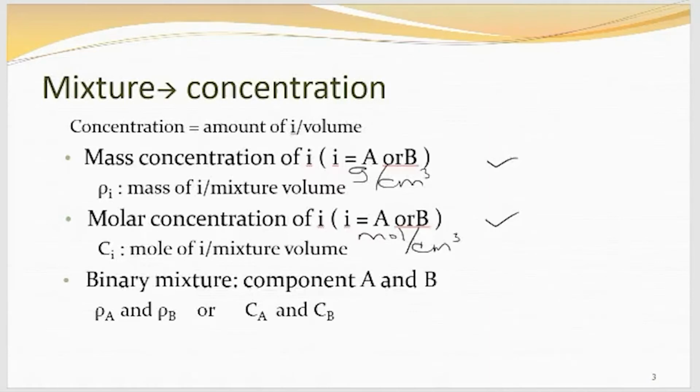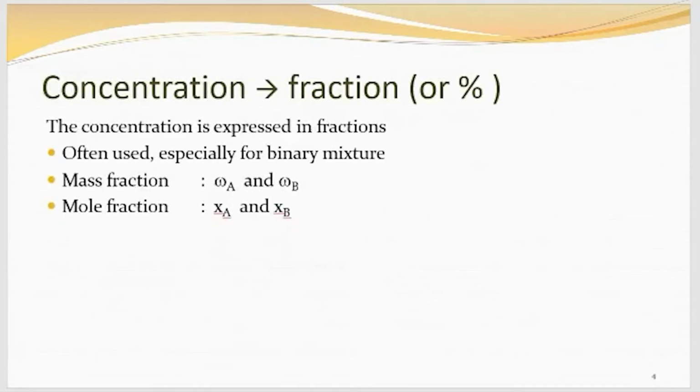For the binary mixture, we only talk about binary mixtures, no multi-component mixtures, we can have rho A and rho B, and also Ca and Cb.